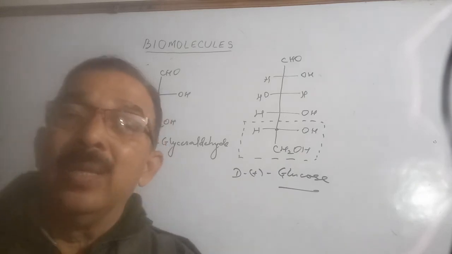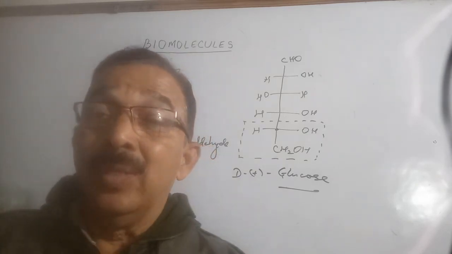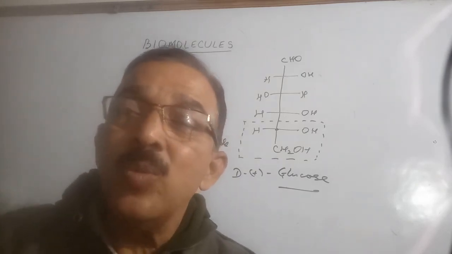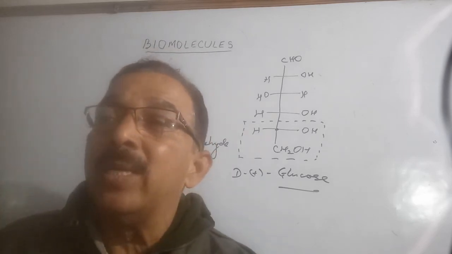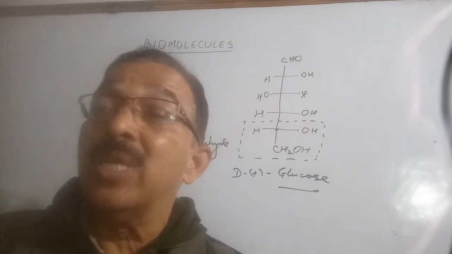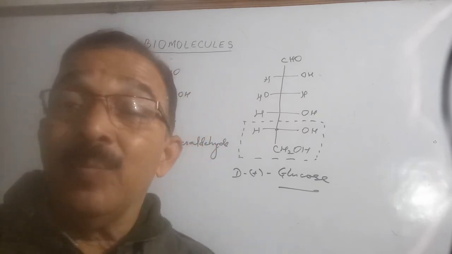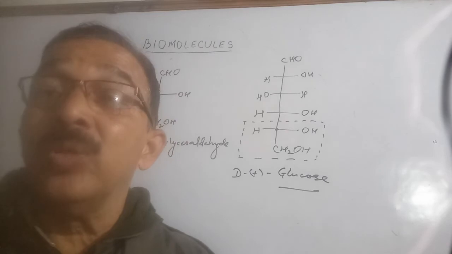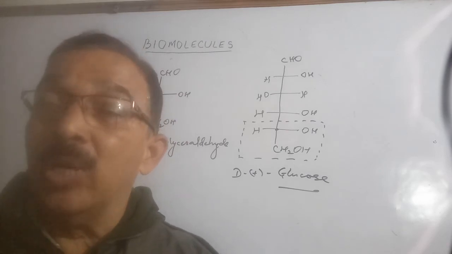I hope it is clear to you, but let me revise it once more. Glucose is correctly named as D plus glucose, where D represents the configuration and plus represents the dextrorotatory nature of the molecule.